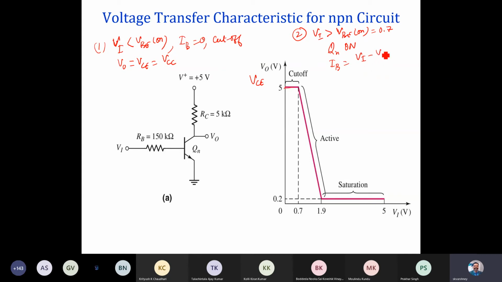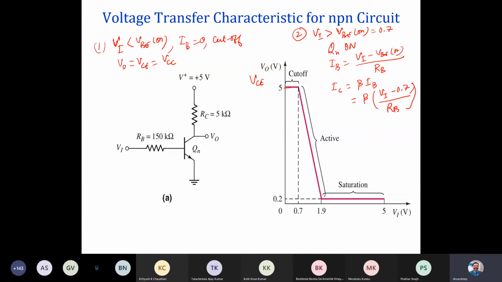So IB is Vi minus VB on divided by RB, and we get IC as beta into IB, that's beta times Vi minus 0.7 divided by RB.